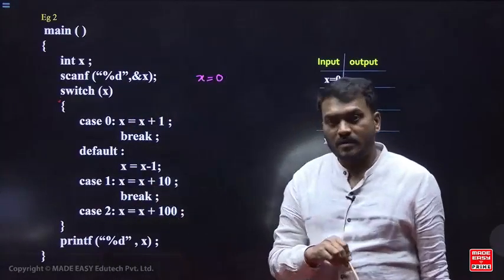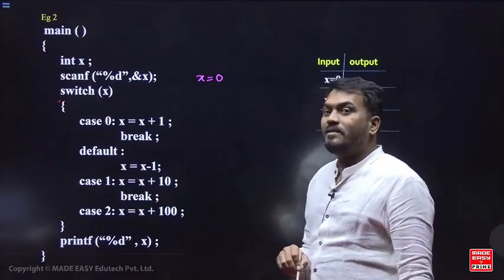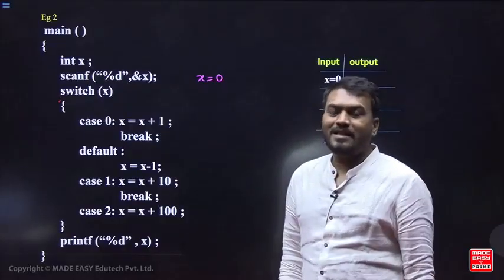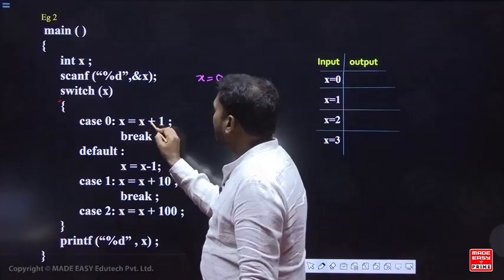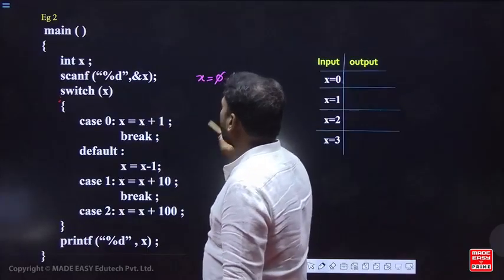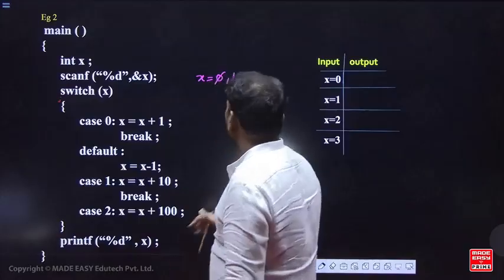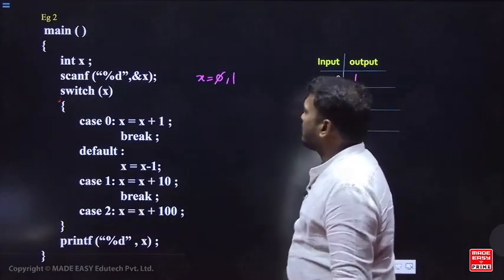If I give x equal to 0, is it matching with any case here? Yes, it is matching with case 0. Next you execute x = x + 1, so x value becomes 1. You have a break, so break means you simply come out of the switch case. So for x equal to 0, what will be the output? 1. Right.